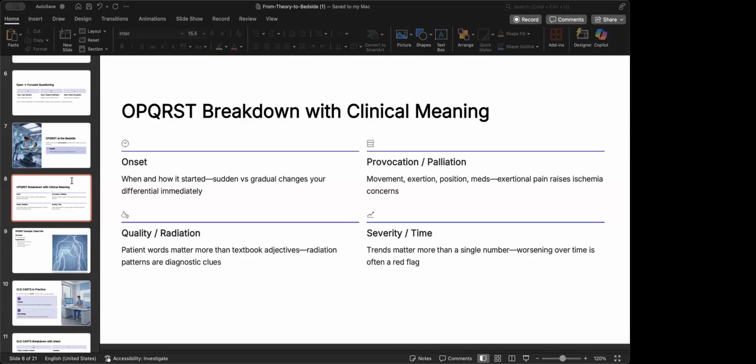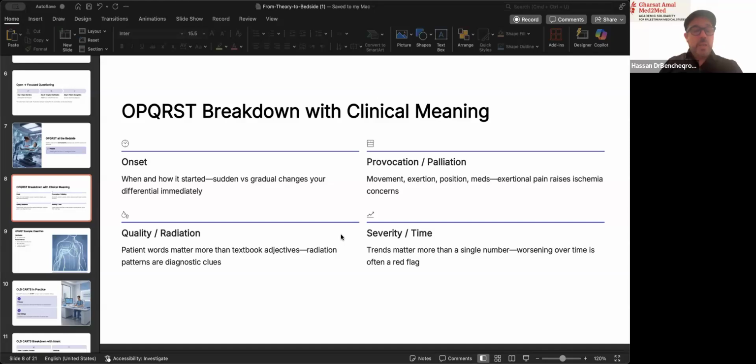Okay. When do you feel it most, like when you lift, when you sleep, or when you move? Good question. It got worse when I turn my head to the left or look down at my phone.